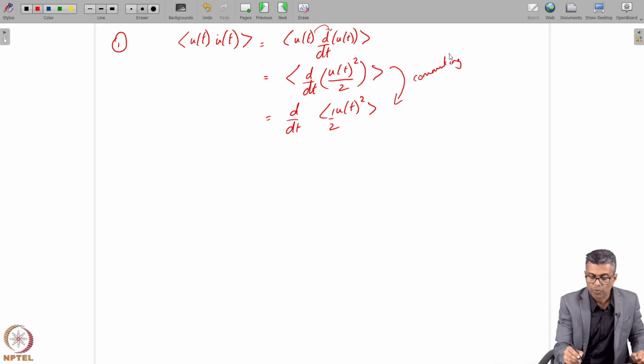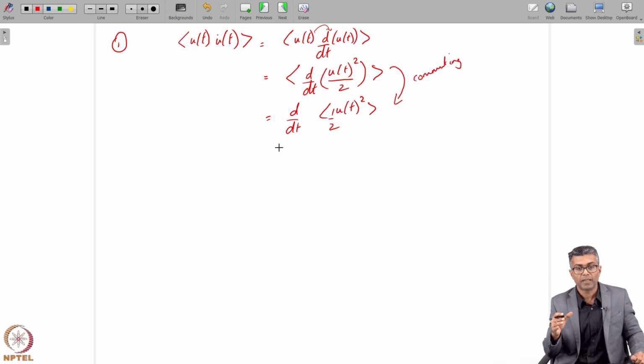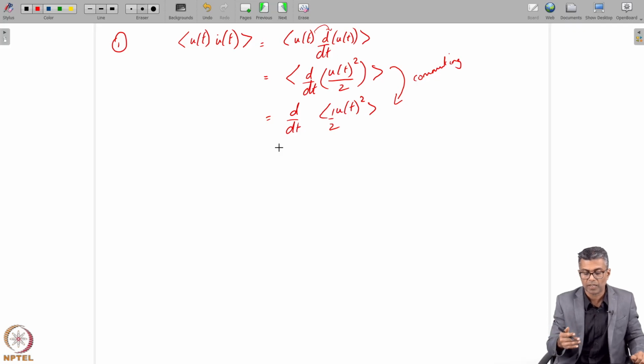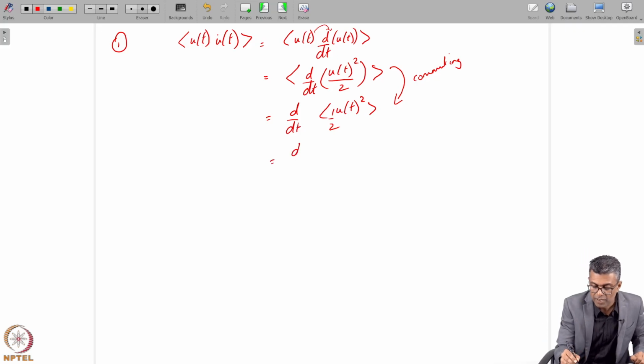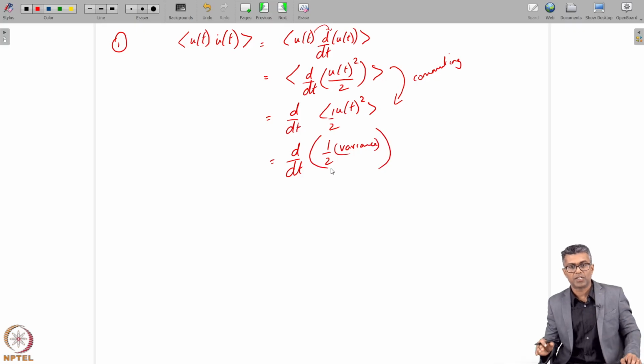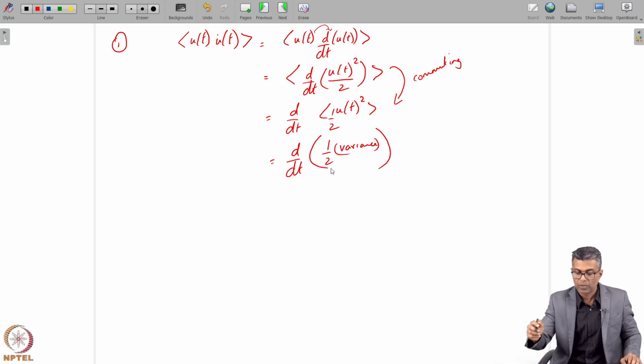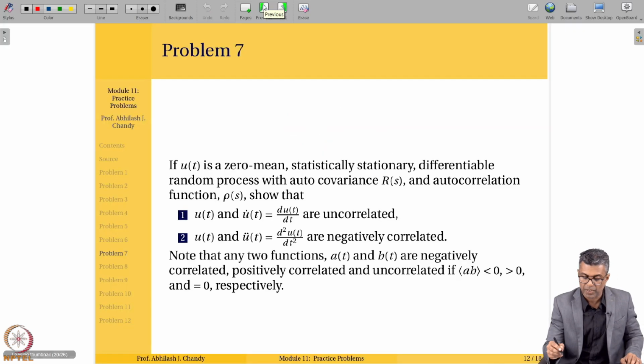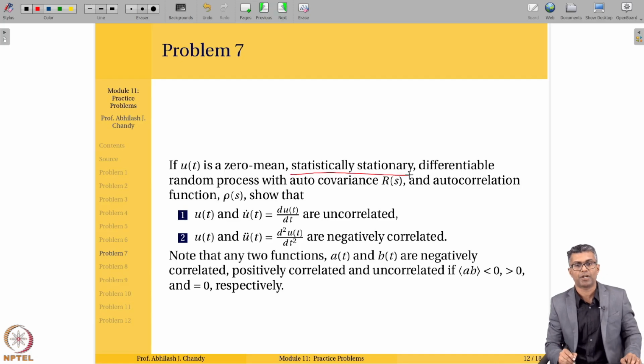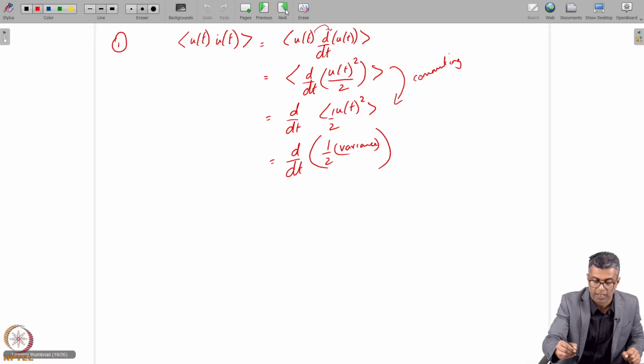Then what you have is d/dt of the mean of u(t) squared by 2, which is essentially d/dt of half of the variance. Now remember what this problem is. It is a statistically stationary process. That means all statistics are independent of time; they are not changing with respect to time.